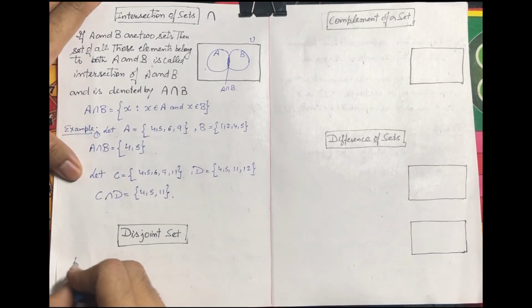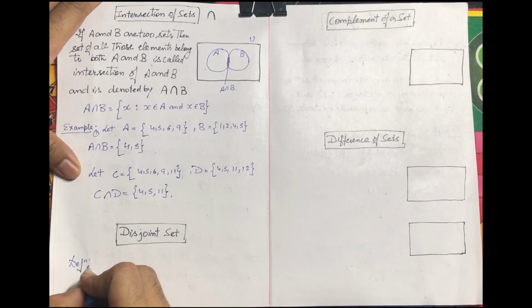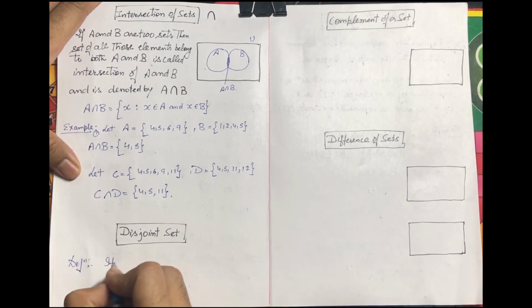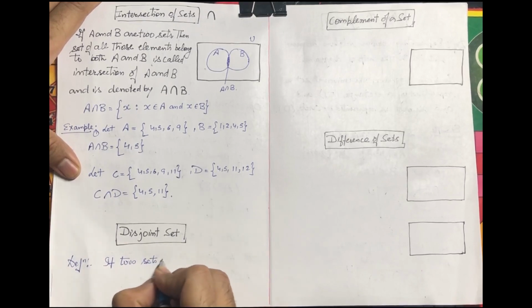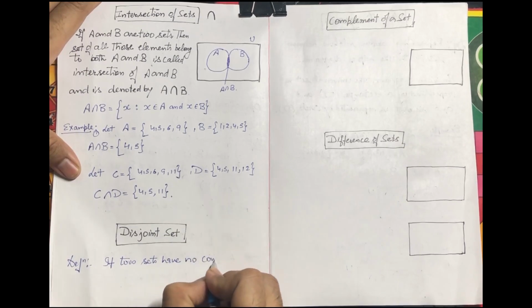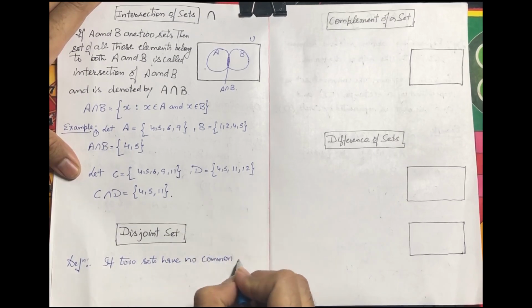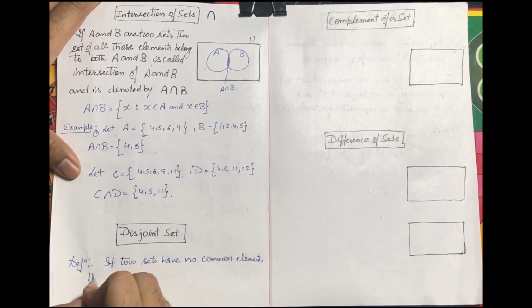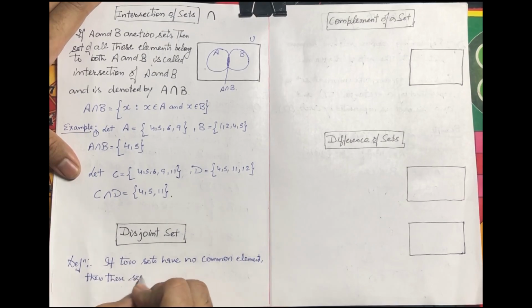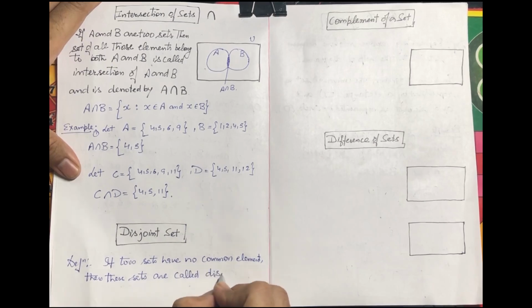So definition becomes, if two sets have no common element, then these sets are called disjoint.